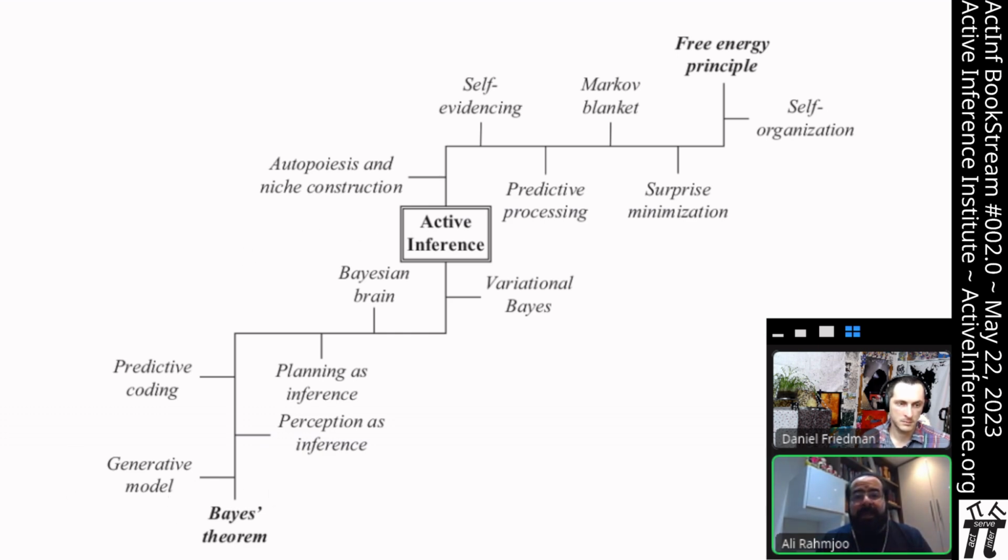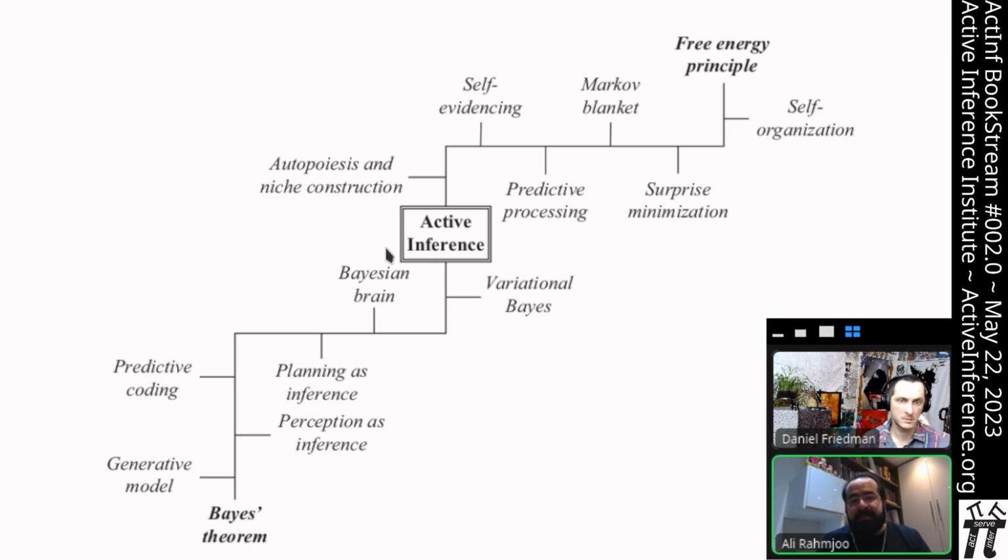Another approach to construct that same theory is to begin with the probabilistic description of Bayes' theorem, and try to build up the formalism of active inference using Bayes' theorem and Bayesian statistical inference.